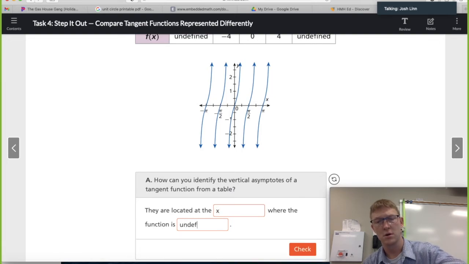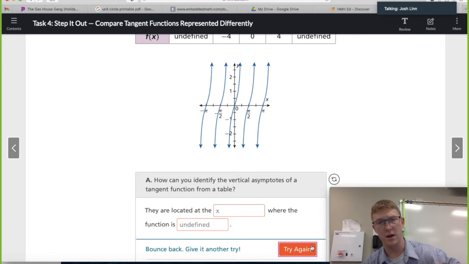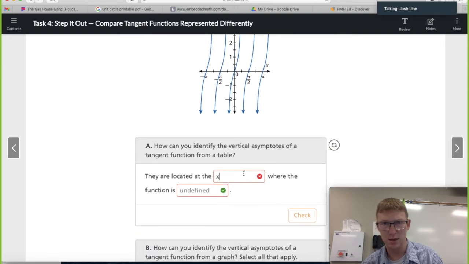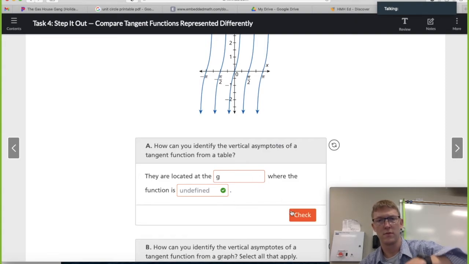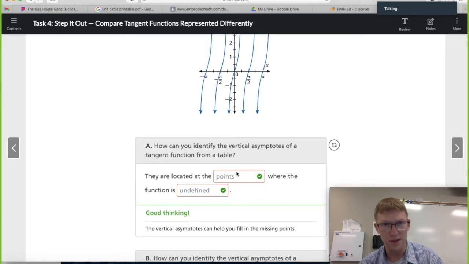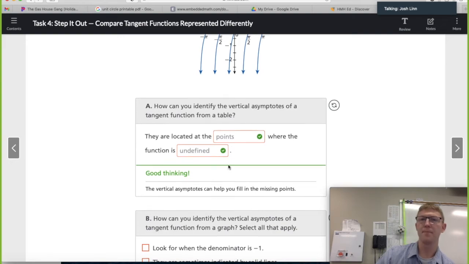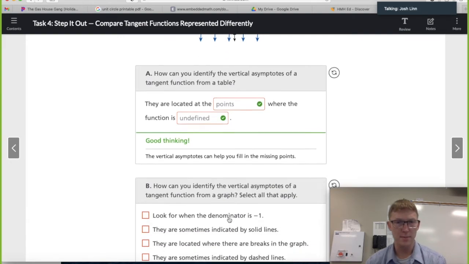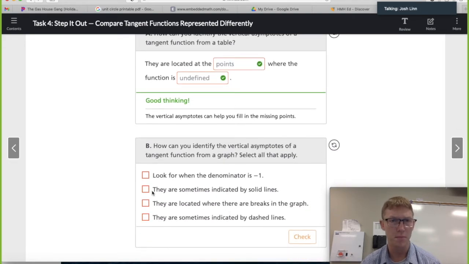I don't know what number they want there, but okay, yeah, I'll give you that. Where the function is undefined. The important thing there is where it's undefined.